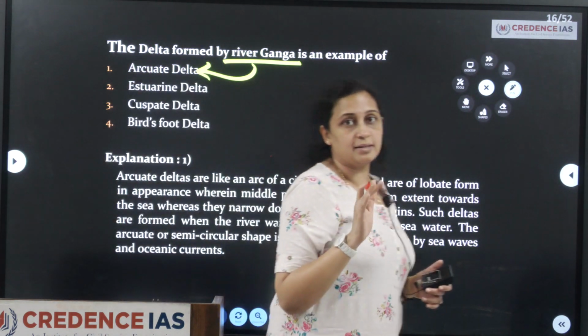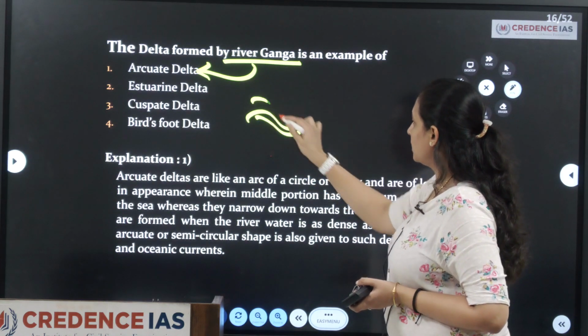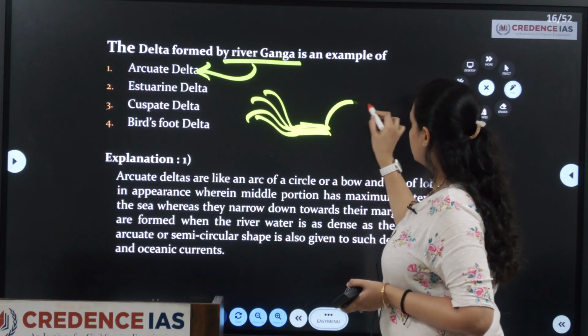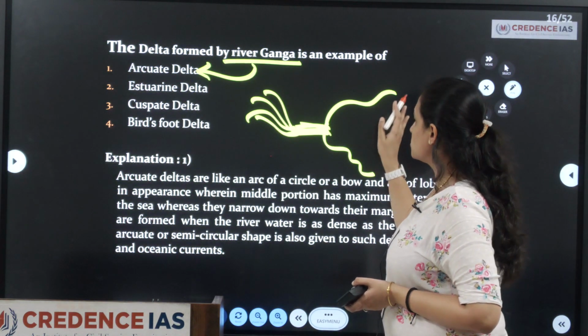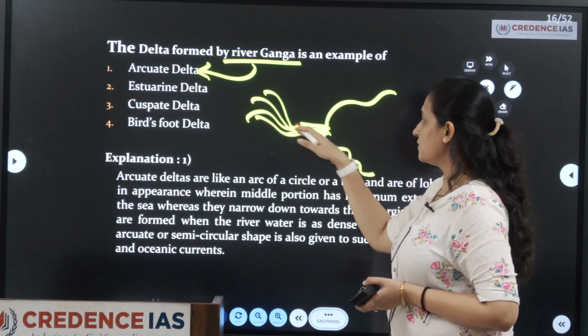A delta is a place where a flowing water body joins a larger water body which is not so dynamic as the water body entering it.